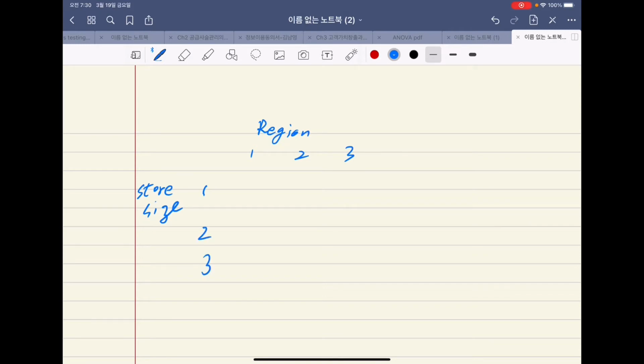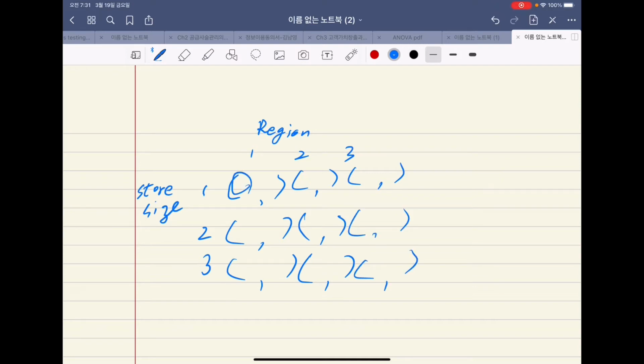Now, suppose you want to check the sales before advertising and after advertising, right? So actually you observe 2 things, right? For each cell. Same thing here, right?